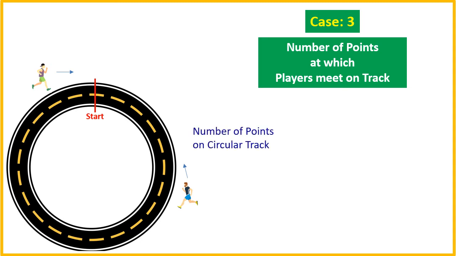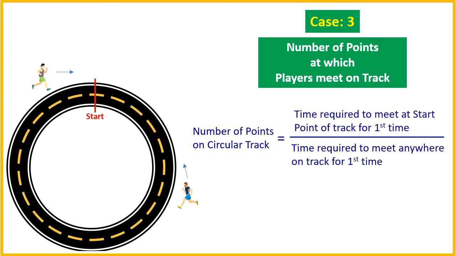We can calculate the number of points on the circular track where these players can meet, and that is equal to the time required to meet at the start point of the track for the first time, meaning case number 2, divided by the time required to meet anywhere on the track for the first time, meaning case number 1. So if we take this ratio, we can calculate the number of points on the circular track.